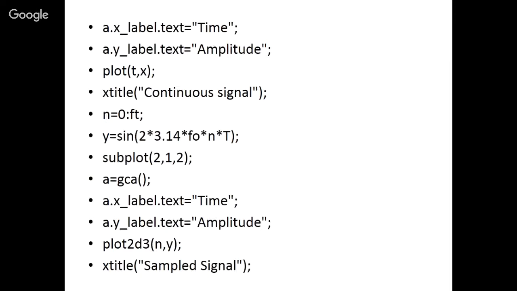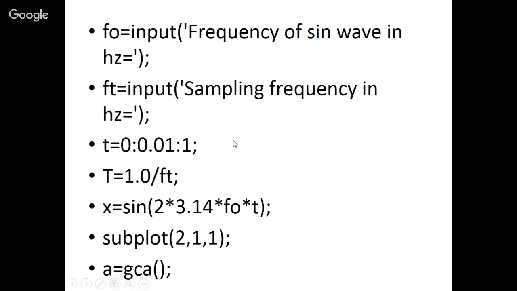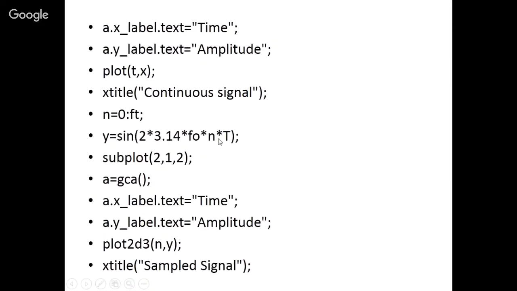So y is equal to sine 2 pi f, then instead of t, which we were using earlier, we are now using nt, where n is 0 to ft. That means we are doing the sampling here, and after that we plot again, but the only difference is that earlier we used the plot command, and here we use plot2d3. The plot2d3 command is used for plotting the sampled signal.